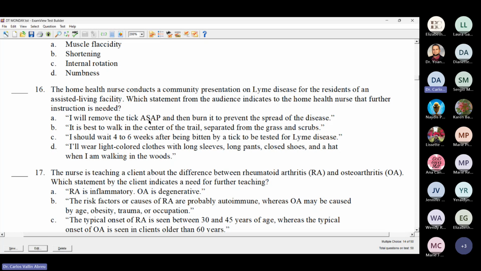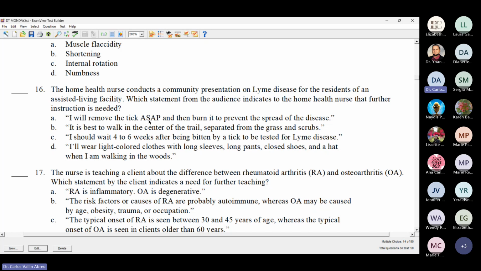When people return from hiking, camping, or working in the area, they should assess their skin for the presence of attached ticks, because it is said that if you remove the tick before 24 to 48 hours of the attachment, you prevent the disease.